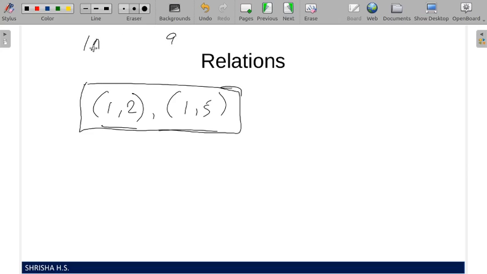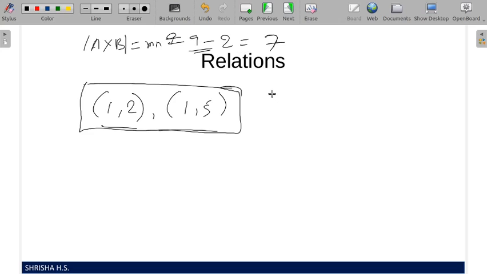The number of elements here is mn, that is 9, as we have calculated. Out of 9, 1 comma 2 and 1 comma 5 will be there, so there is no choice about that. What are the remaining elements? 7.